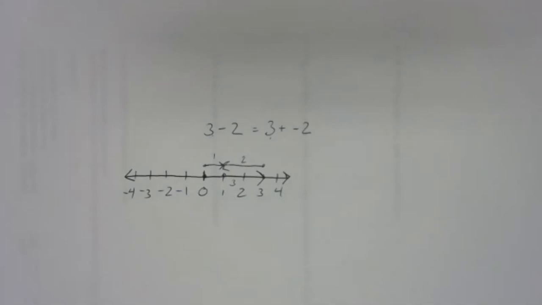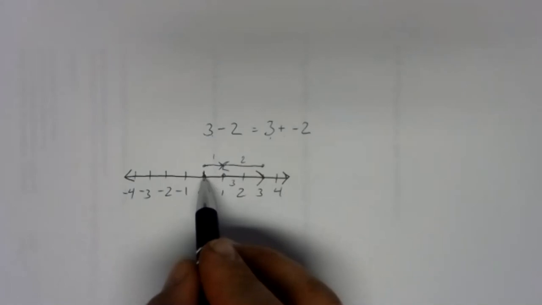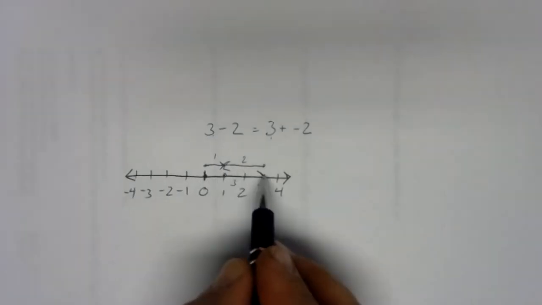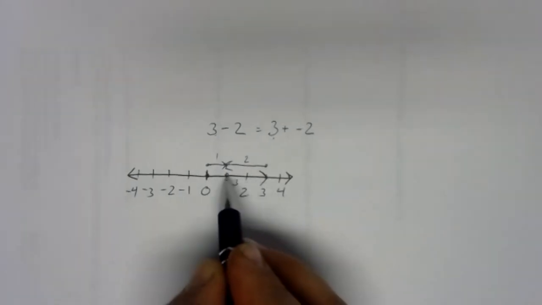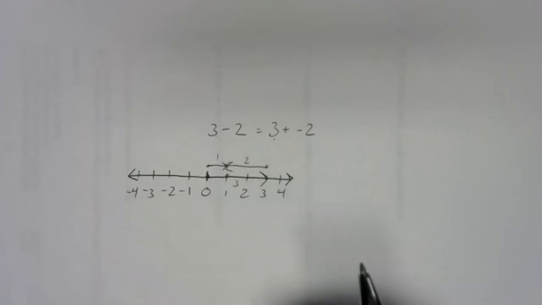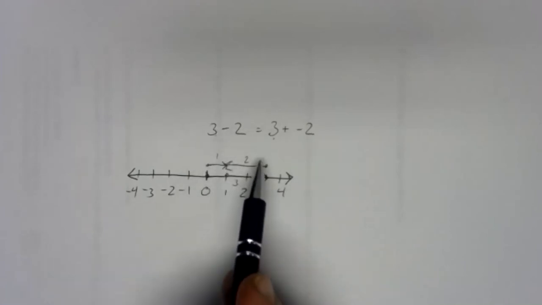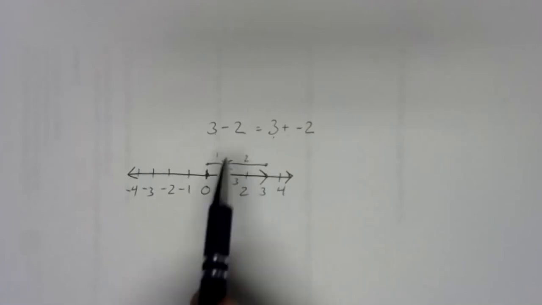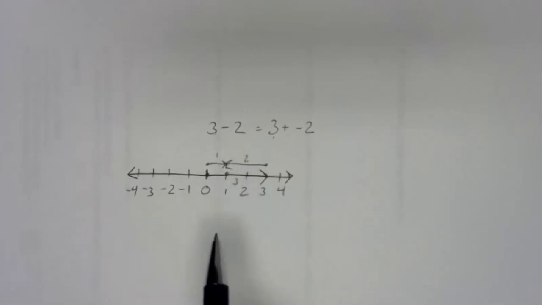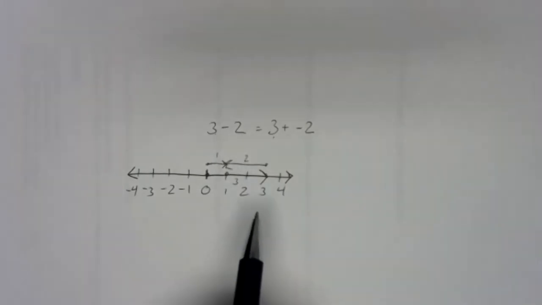Well, think about that in a vector addition kind of sense. Adding 3 was starting at the origin, going to 3, and then going back 2. Our answer was a line from where we started to where we ended up. That's where 1 is. So vector subtraction is really just vector addition with a flip of one of the vectors. The second vector gets flipped around before we add it.